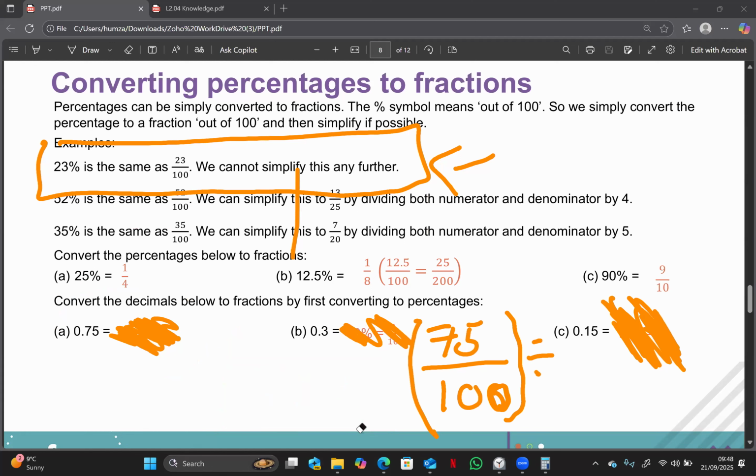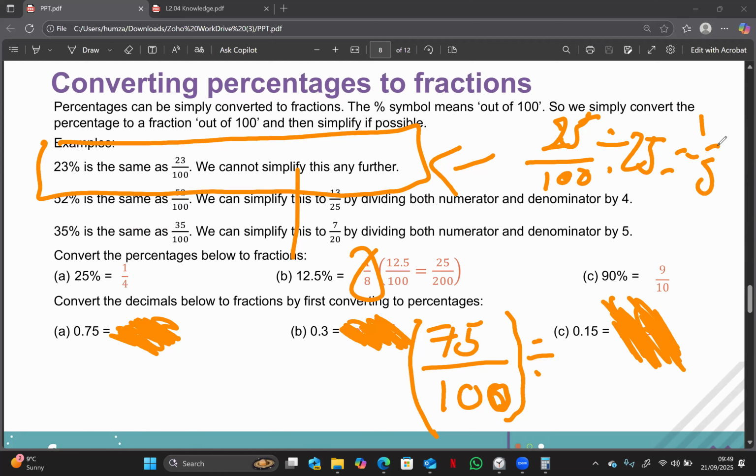Remember when we were simplifying it? Here, for the top one, we did 25 over 100. We said you can divide both by 25 to get 1 over 4, right? We did that, isn't it? So can we do the same with 75 over 100? Yes or no? Yes.